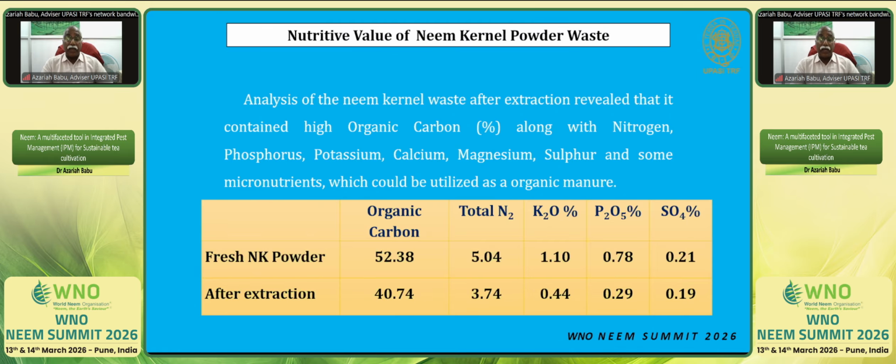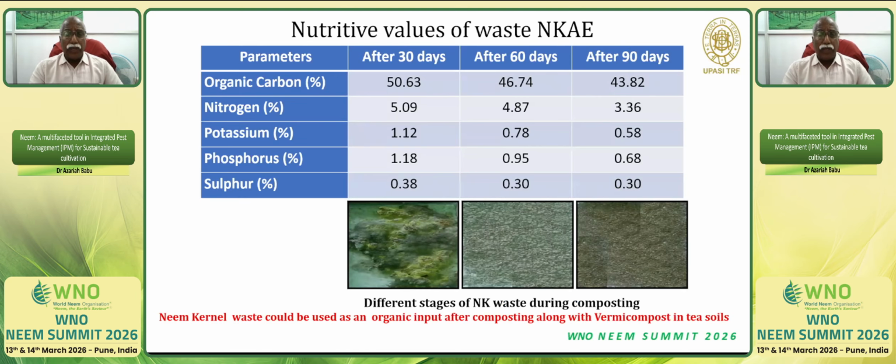Regarding the nutritive value of the waste after composting it to make organic fertilizer, after 30, 60, and 90 days you can see there is not much variation in organic carbon and nitrogen, and it could be used along with vermicompost after 90 days of composting.